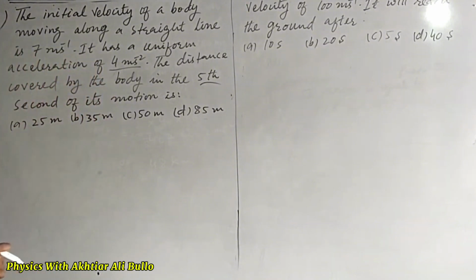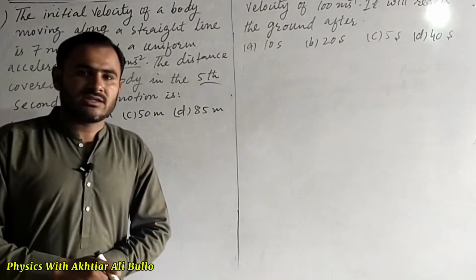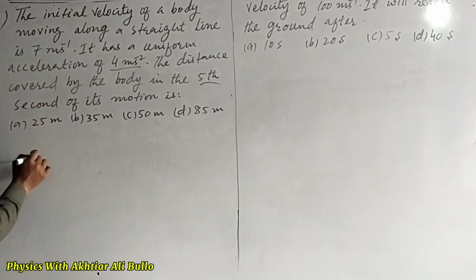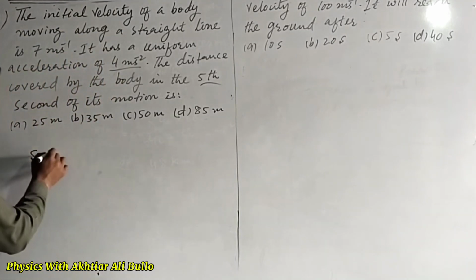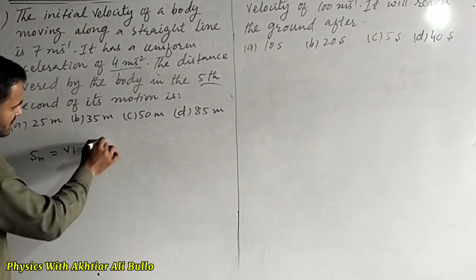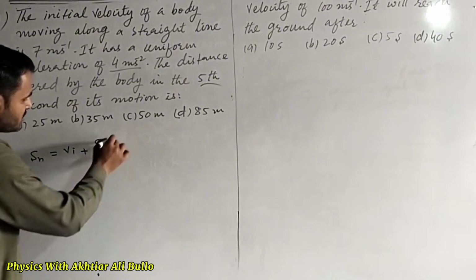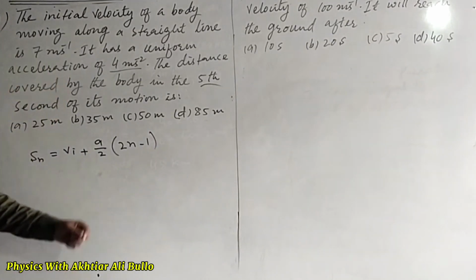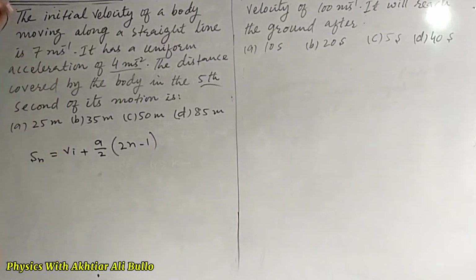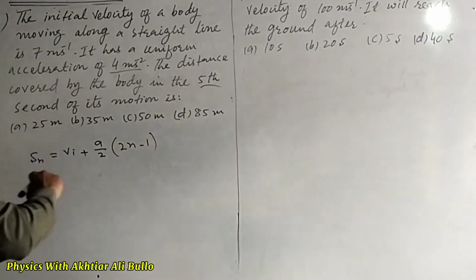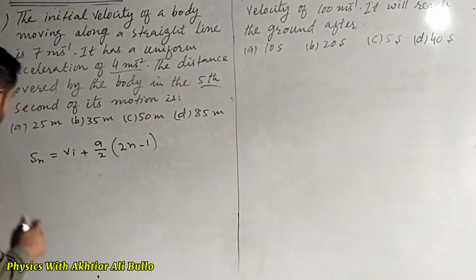So to calculate the distance in nth second, we will use the formula: the distance in nth second is equal to Vi plus A upon 2 into 2n minus 1. So here the initial velocity is 7 meter per second, and we have to calculate the distance in the 5th second.